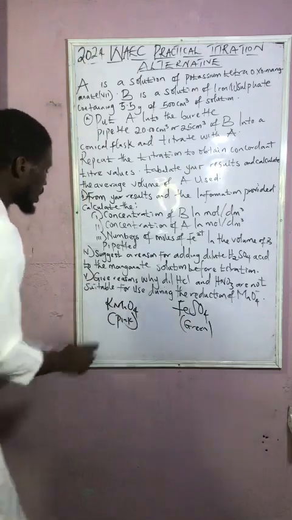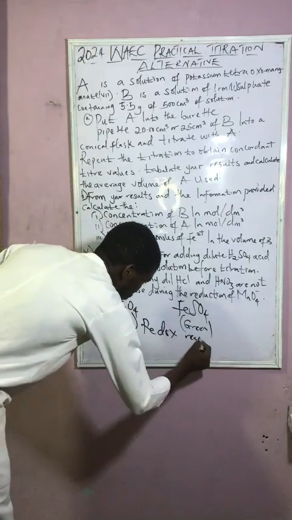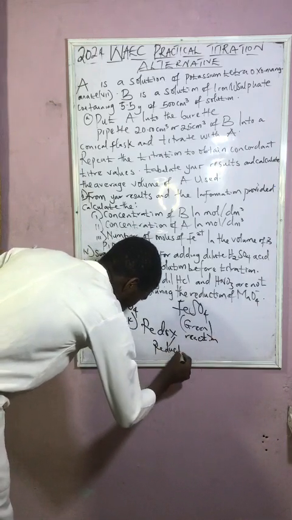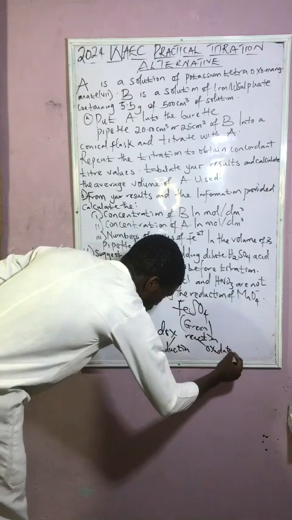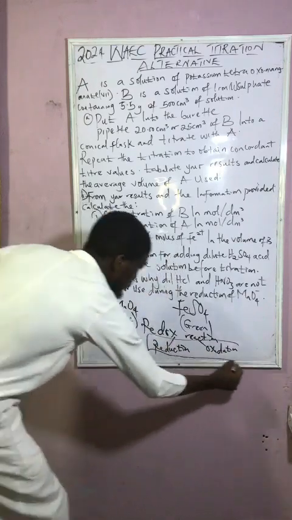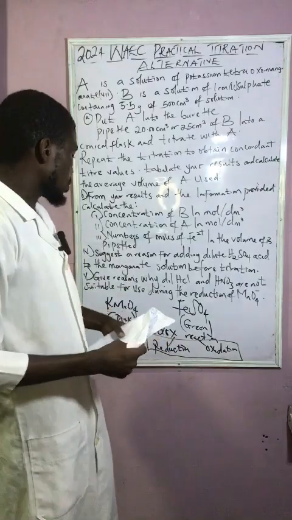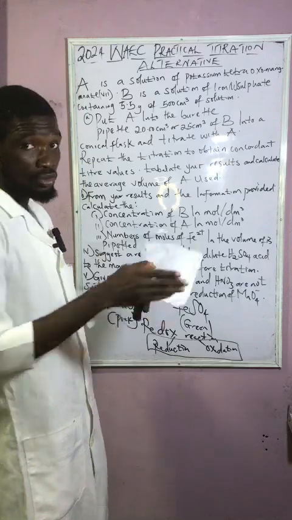Don't forget I said redox reaction. We are dealing with reduction, and we are also dealing with what? Oxidation. Is that clear now? So every redox reaction undergoes what we call oxidation and reduction.